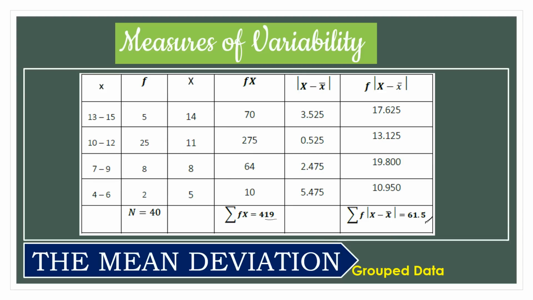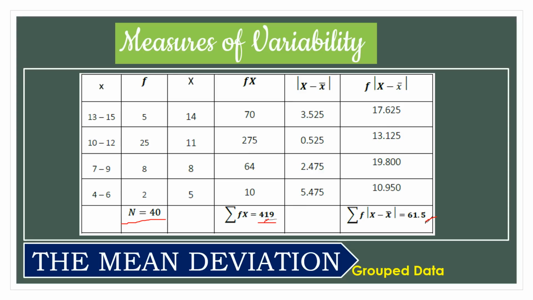Here is a clearer view of the solution that we have done a while ago. This is a cleaner one, but we obtain the same results. The value of n is 40.